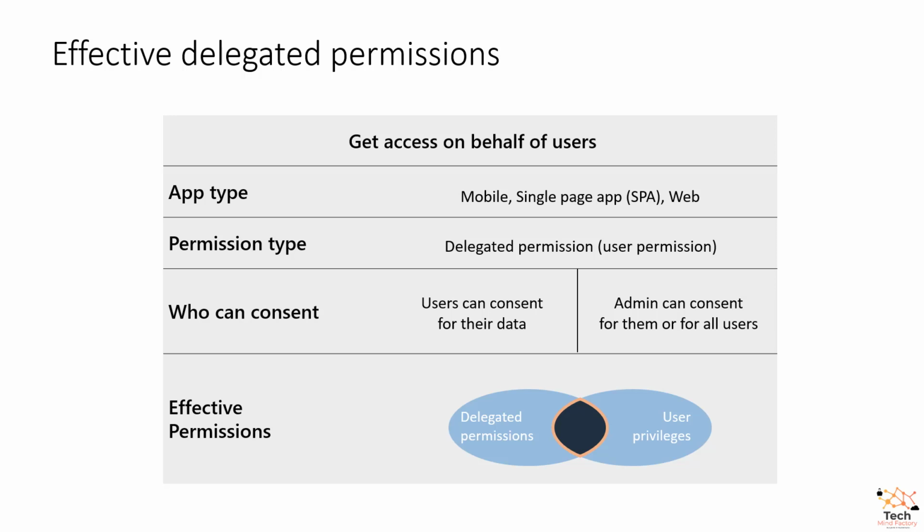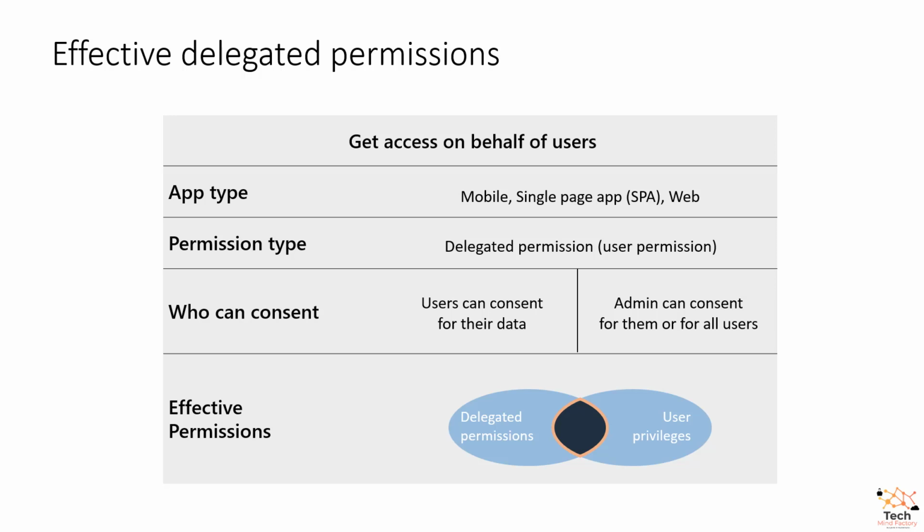That's also very important to be mentioned. And now we have effective permissions. So it's like an intersection between delegated permissions, so those permissions declared for the application to ask users to accept, and also user privileges. So what the user can do in the context of a specific application within a specific context.